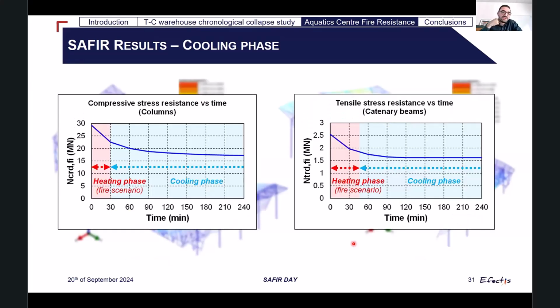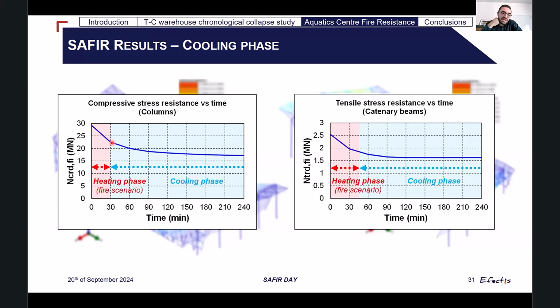So here I plotted the compressive stress and the tensile stress resistance evolution of the main timber elements that was computed exactly in the same way we did with the Codifab project. And you can clearly see that the resistance keeps decreasing well after the fire had stopped. So if you were to only calculate and run your SAFIR simulations for the fire scenario duration, this would lead to unsafe results.